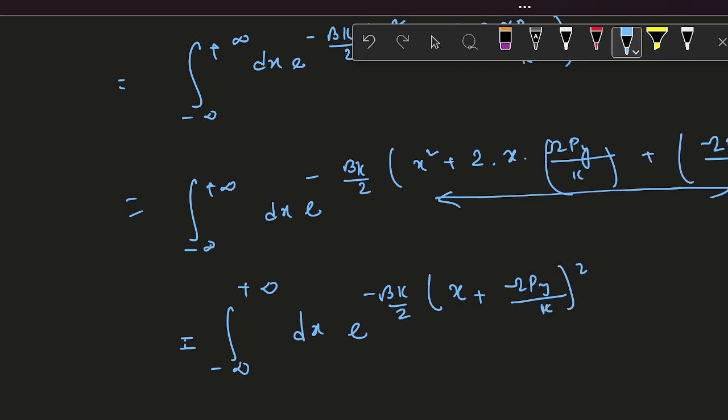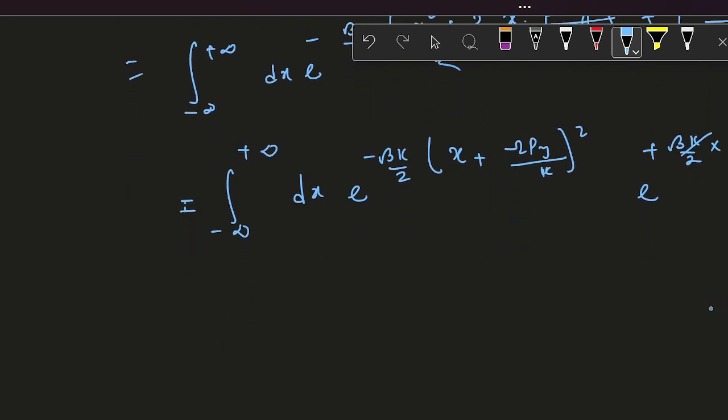And then this part is a separate part, so we just take it out separately, and what it becomes is e to the power beta k by 2, minus and minus makes it plus, and it is simply omega squared py squared by k squared, where this k and this k cancel out, so this is e to the power plus beta omega squared py squared by 2k.